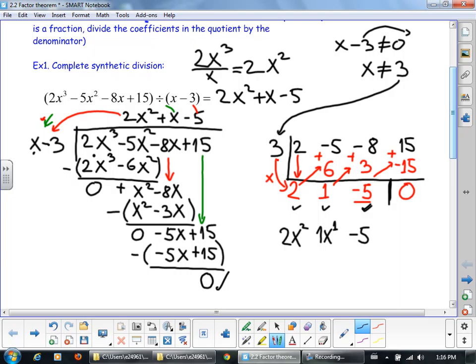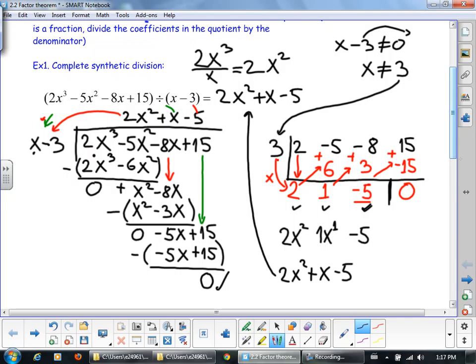But we only have a trinomial, so essentially this trinomial is 2x squared plus x, because we don't have to write all those coefficients and exponents, minus 5. And that would be the answer to this synthetic division, which is exactly what we got in the long division.